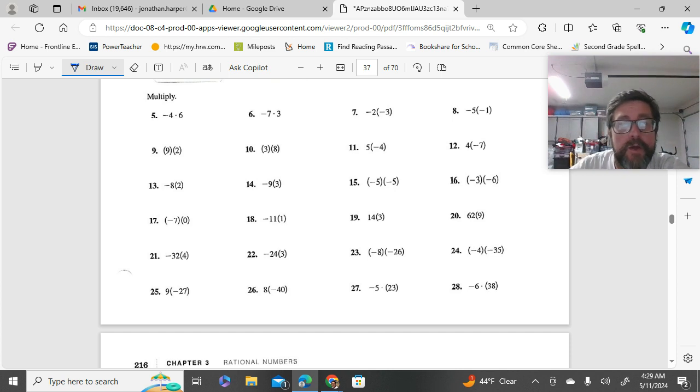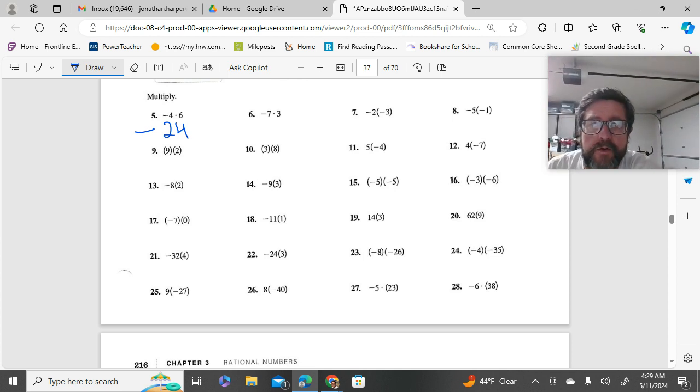So it is 4 times 6, which would be 24. Then you just tack a negative sign onto it. That easy. The next one over, actually, let's go to number 7. Next one over, that'd just be -21.